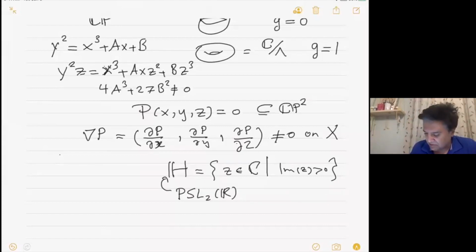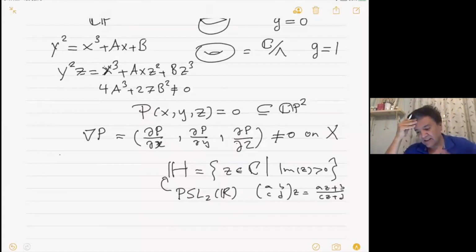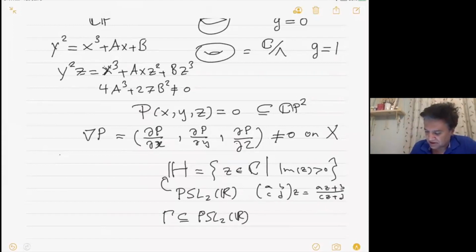So (a b; c d) acting on z is (az plus b) over (cz plus d). And therefore, if you take, instead of a lattice inside C, a discrete subgroup gamma inside PSL2R, then you can do a similar construction as above and take H divided by gamma. And this way you construct almost any Riemann surface of genus greater than one.